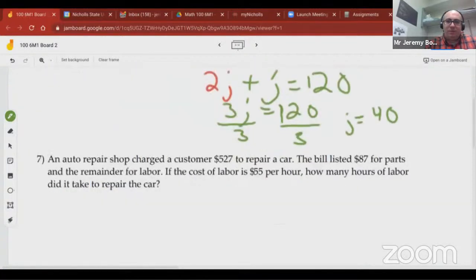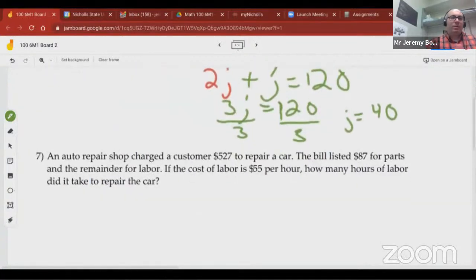This is one I can see people having trouble with. An auto repair shop charged a customer $527 to repair a car. The bill listed $87 for parts and the remainder for labor.